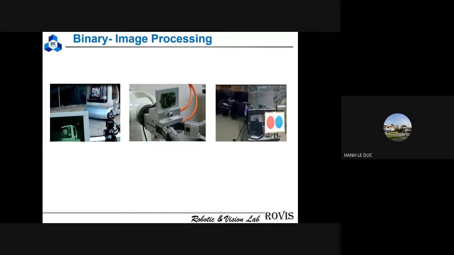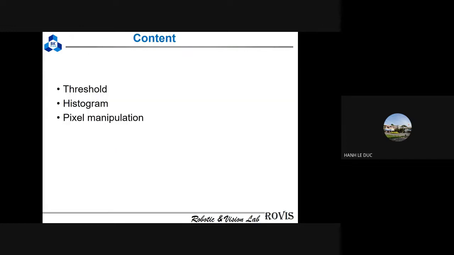So let's have a look at the contents of our class today. Today we will study what grayscale is, and another is the histogram. Actually, the histogram is something like the pre-process for the grayscale algorithm.